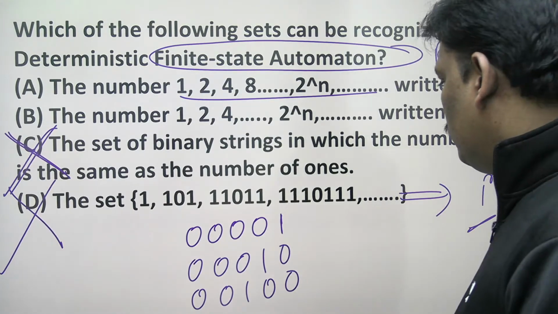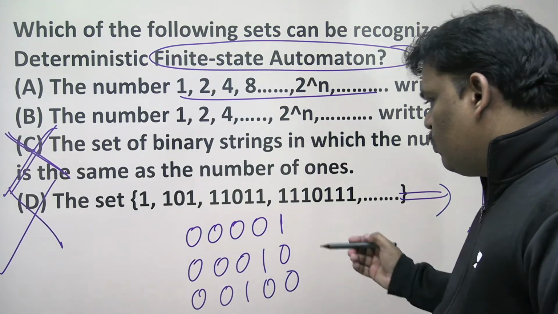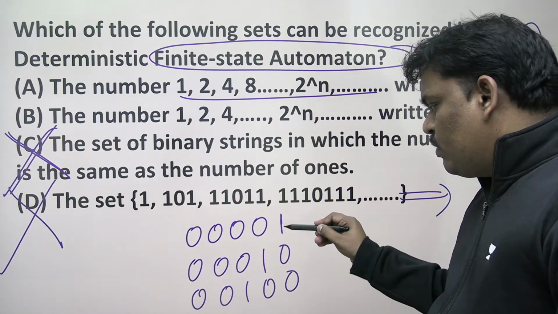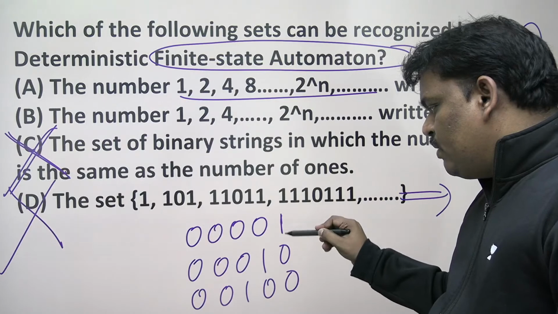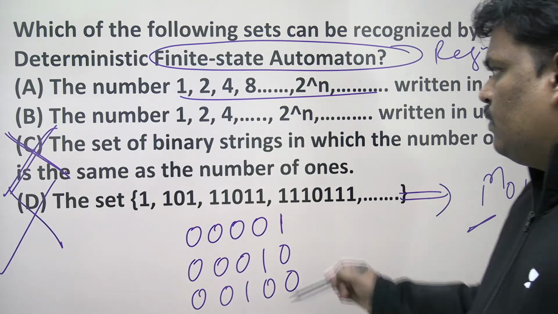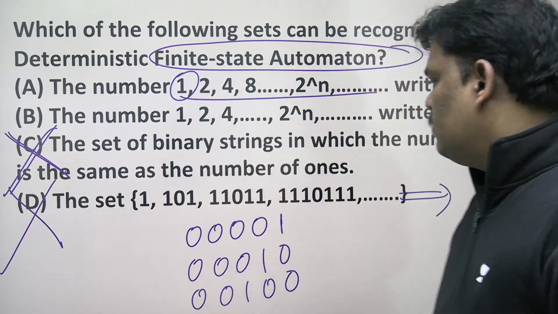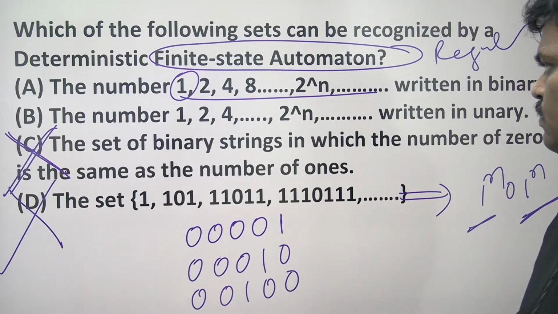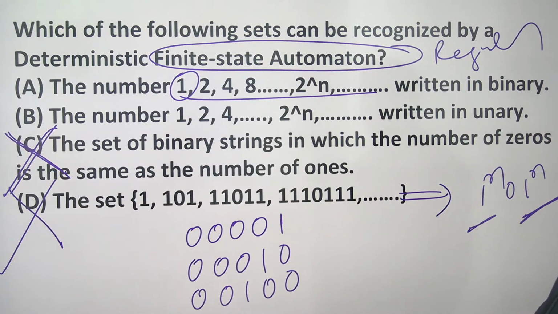If you observe clearly, this particular automata. The numbers 1, 2, 4 written in unary.